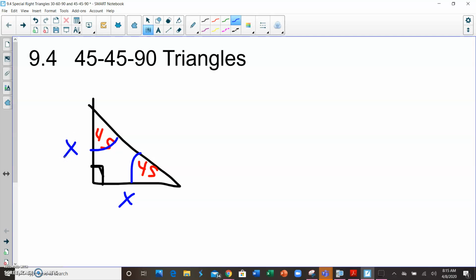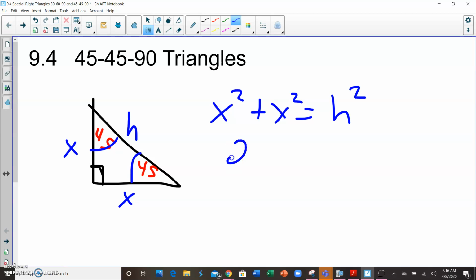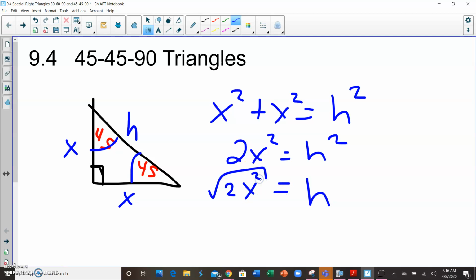In order to find the hypotenuse, we would just use a squared plus b squared equals c squared. If this is the hypotenuse, we would simply do x squared plus x squared is equal to h squared, the same formula that we did before. If you wanted to solve that out, you could do 2x squared is equal to h squared, so the hypotenuse is equal to the square root of 2x squared.